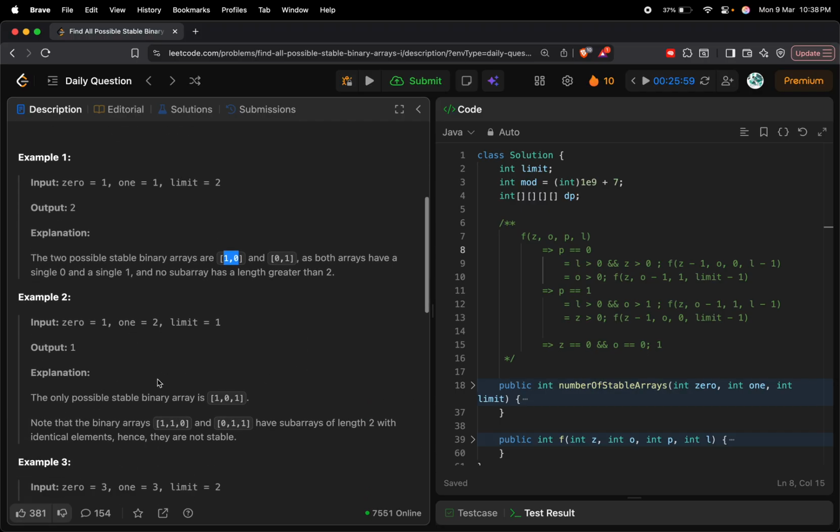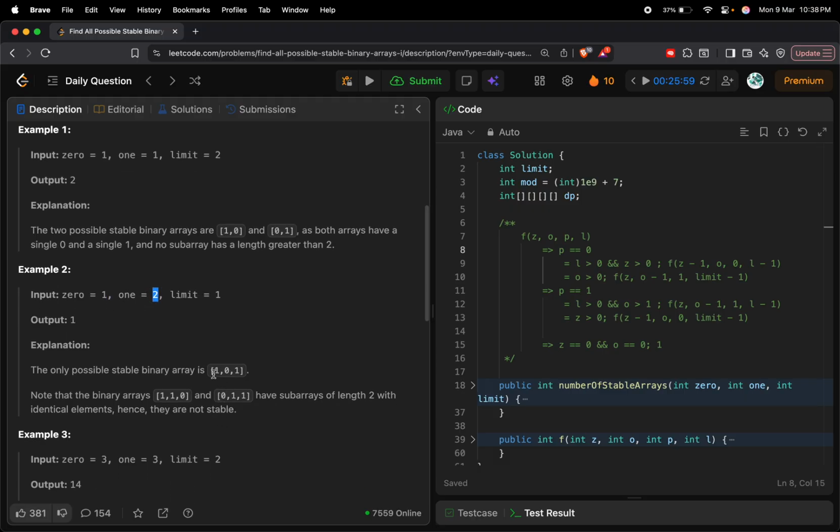Let's also look at this example. The final array we're going to form will contain one 0 and two 1s. Every subarray which we choose of length greater than 1 must contain both zeros and ones. This is a subarray which has both zeros and ones. This is a subarray of length greater than 1, and it also contains both.